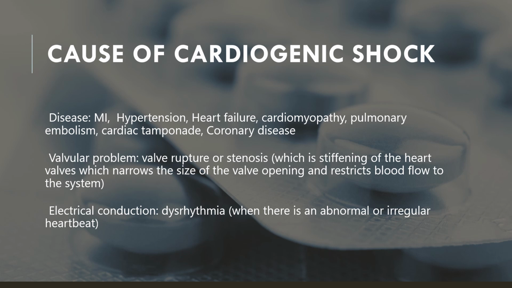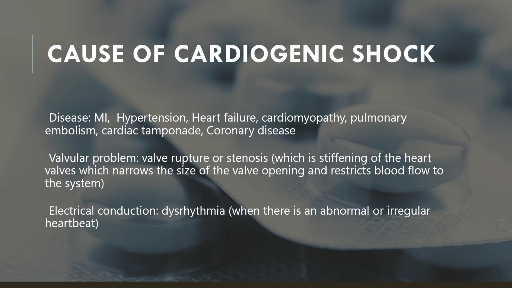Other diseases are pulmonary embolism, cardiac tamponade, which is when fluid surrounds the heart, and coronary diseases. This is when there is a restriction of blood flow to the heart. The second cause is valvular problems. It's when valves rupture or stenosis happens.